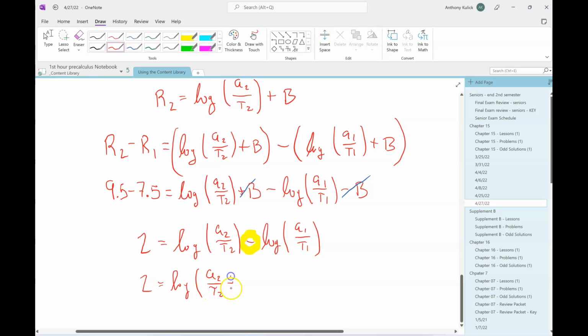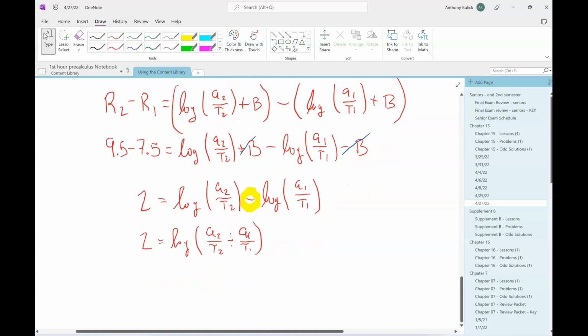Since these are fractions, I'm going to write it with the division symbol there rather than writing a fraction on top of a fraction, because I think it makes it a little easier to deal with here in a moment. Uh-oh. My screen go. Okay. Everybody still doing okay?